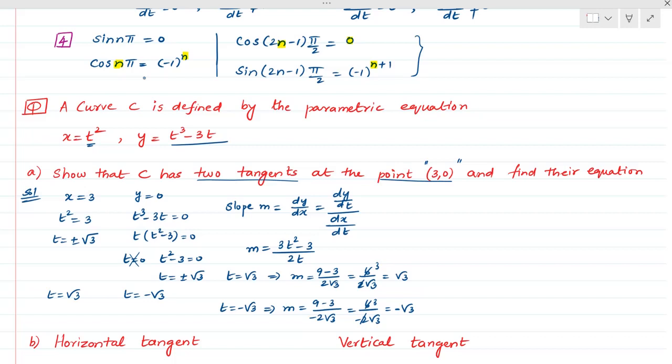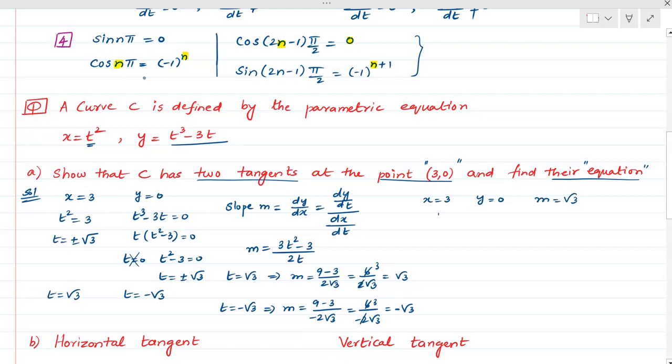Now how will you find their equation? Since we have the x value and y value, x is equal to 3, y is equal to 0, and t is equal to root 3, we need m. So m is equal to root 3.